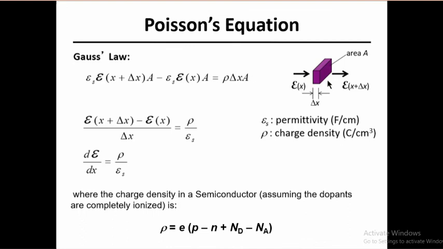As you see here, if I have an electric field passing through the semiconductor material, when it gets out of the material, it will be a different electric field since it passes through a thickness of delta x and a cross-sectional area A. So again, from Gauss's law, you know that the change dE by dx equals the charge density over the permittivity, and since we are not in free space but inside the material, it will be the permittivity of the semiconductor material we're using.